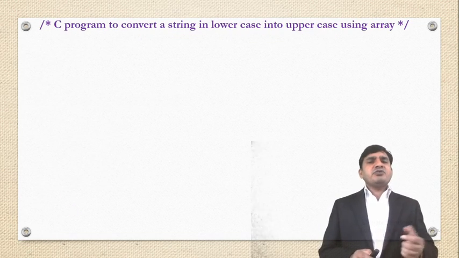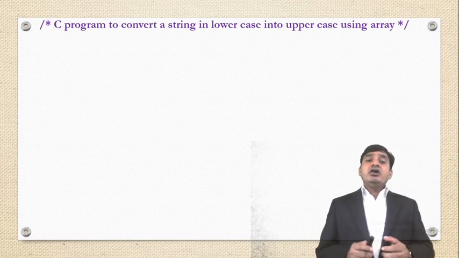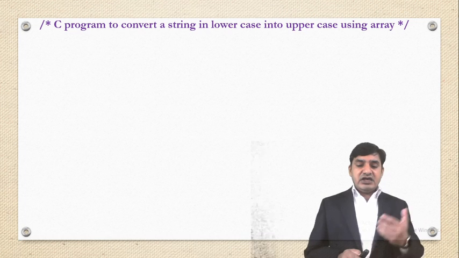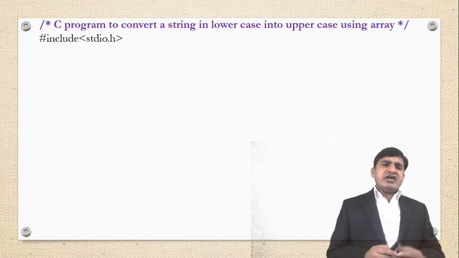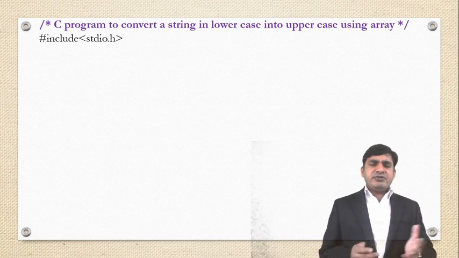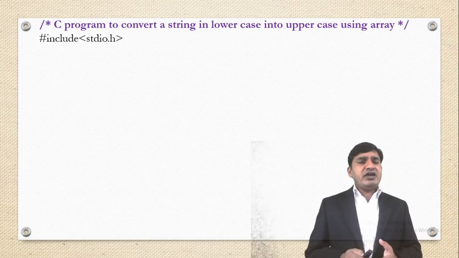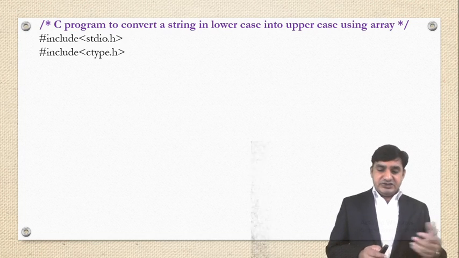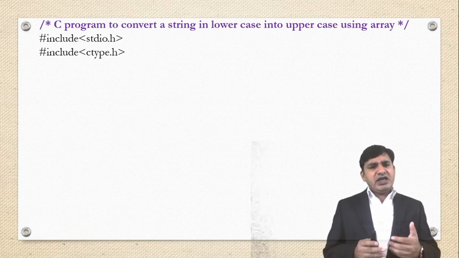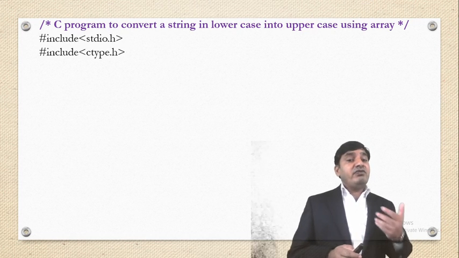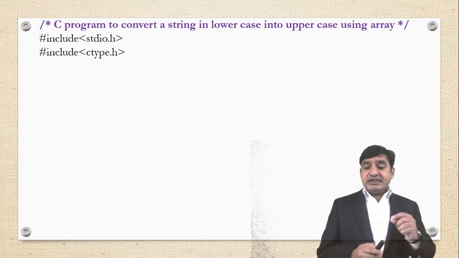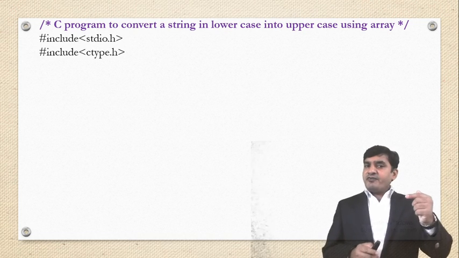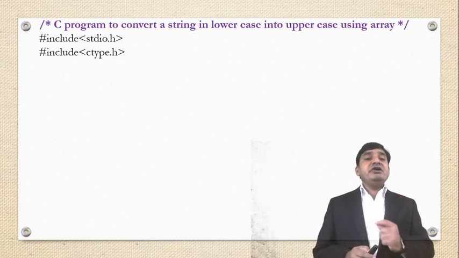Now the next program is a program to convert a string in lowercase into uppercase using an array. For that, again we use the #include <stdio.h> preprocessor directive, the standard input output header file, then #include <ctype.h>. Now this ctype.h is a standard library header used for testing and mapping characters.